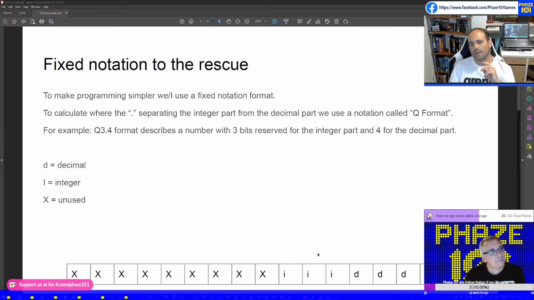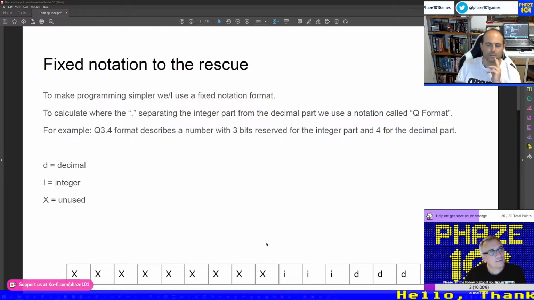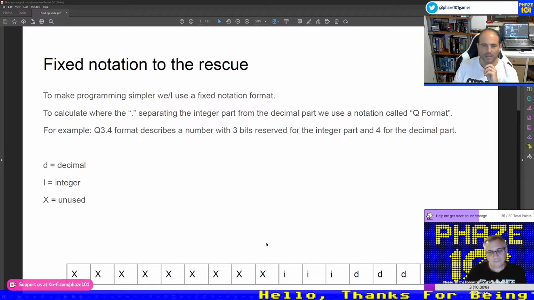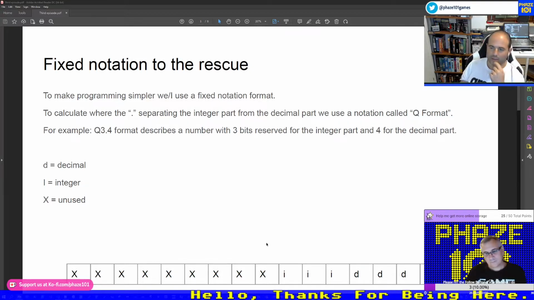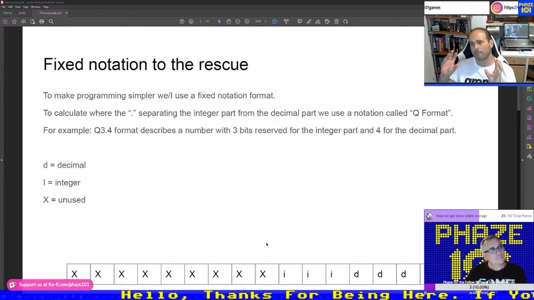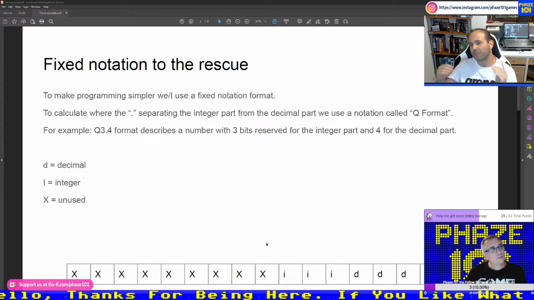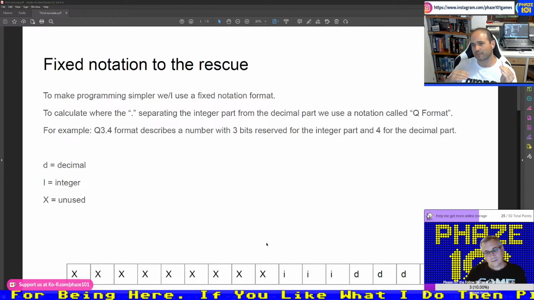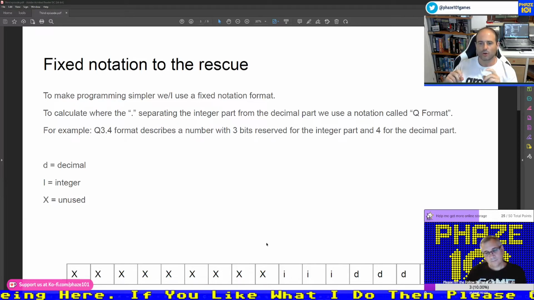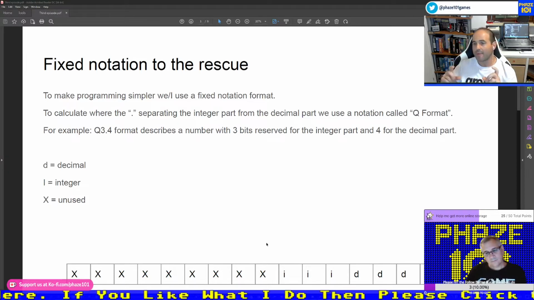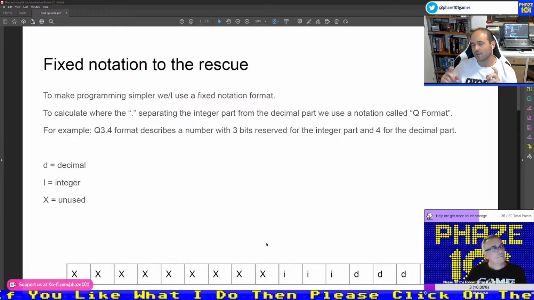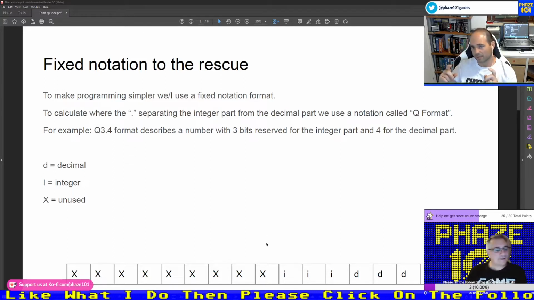So let's say we want to represent the number 1.5, for example. You take the integer part, and the integer part is 1. It's all you have on the left of the dot that is separating the decimal part from the integer part. Then 1 in binary is 001, for example.